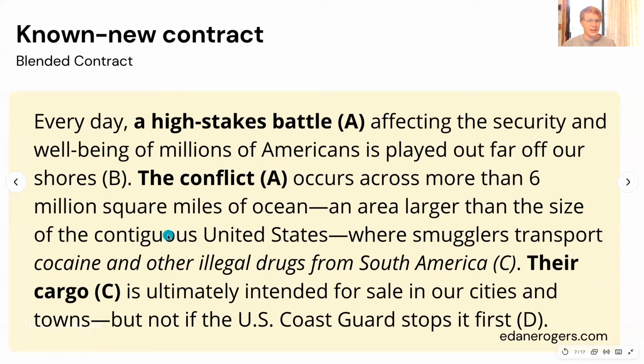So here, "smugglers transport cocaine and other illegal drugs from South America." That's C, cocaine and illegal drugs. Here is C again: "their cargo," the cargo being illegal drugs, "is ultimately intended for sale in our cities and towns, but not if the US Coast Guard stops it first."